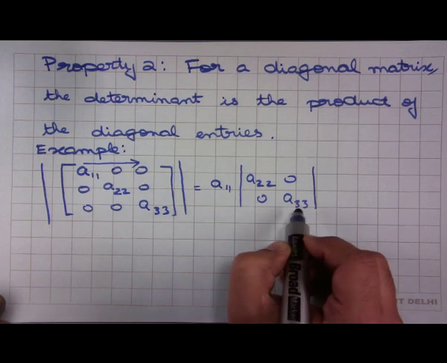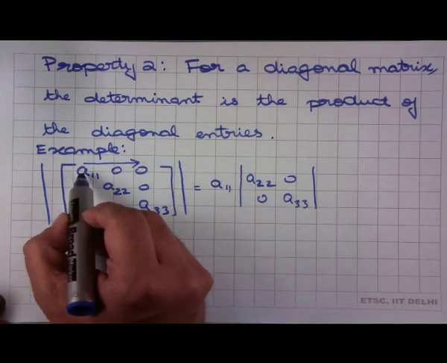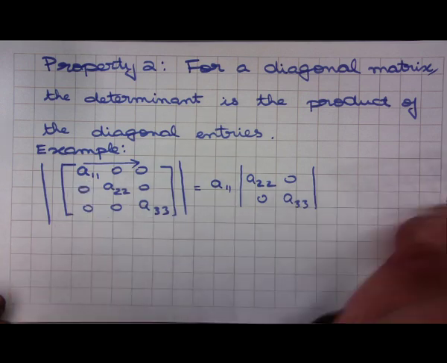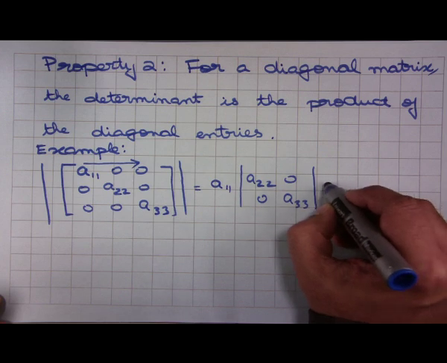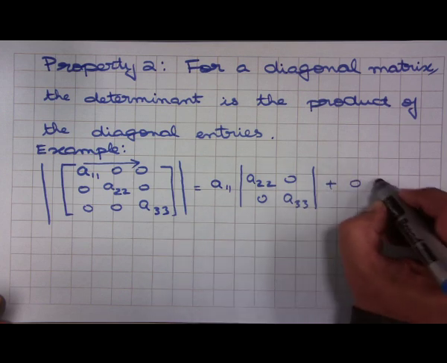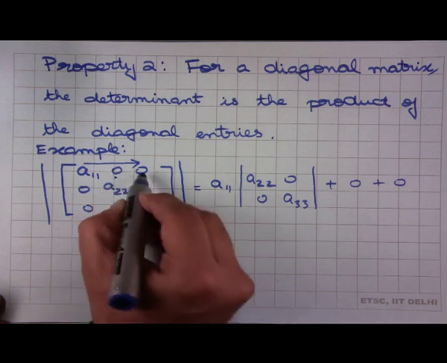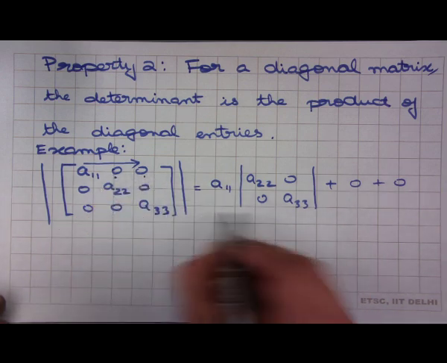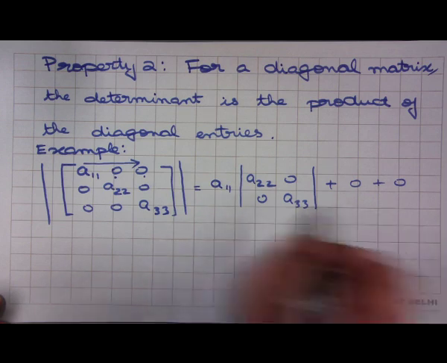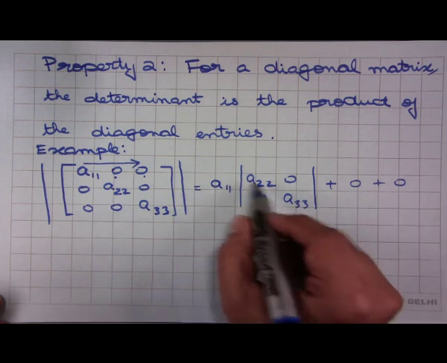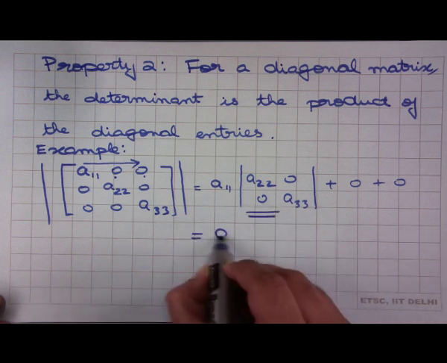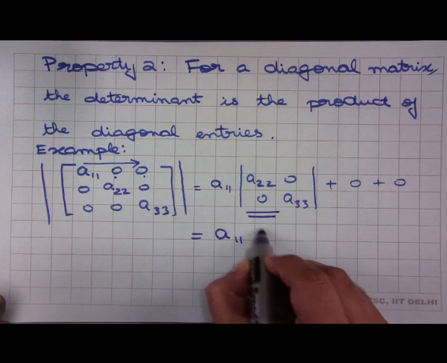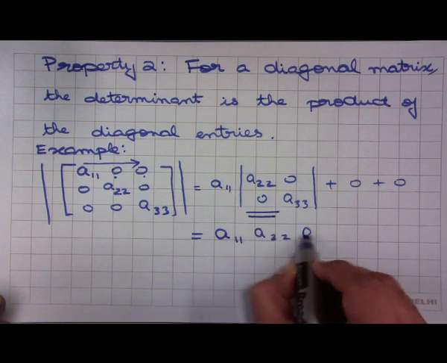This would be the cofactor, because the index of this 1 1 is such that minus 1 to the power 1 plus 1 is nothing but 1, and then the other terms we do not have to worry about, because these terms are zeros. Now, what about this term? Again, either directly from the definition or by knowing the determinant of a 2 by 2 matrix, we can just write this down as A 1 1 times A 2 2 times A 3 3.